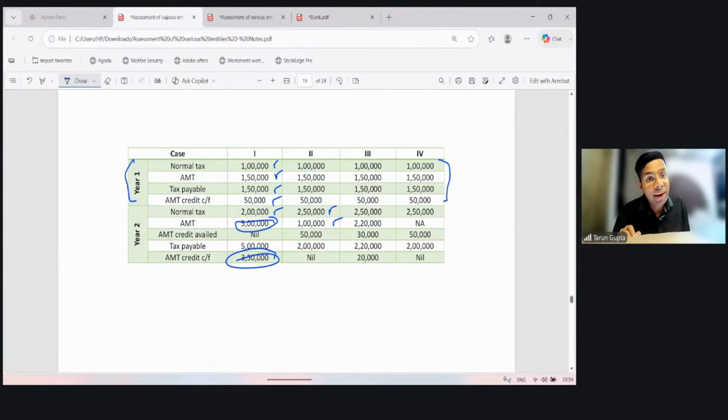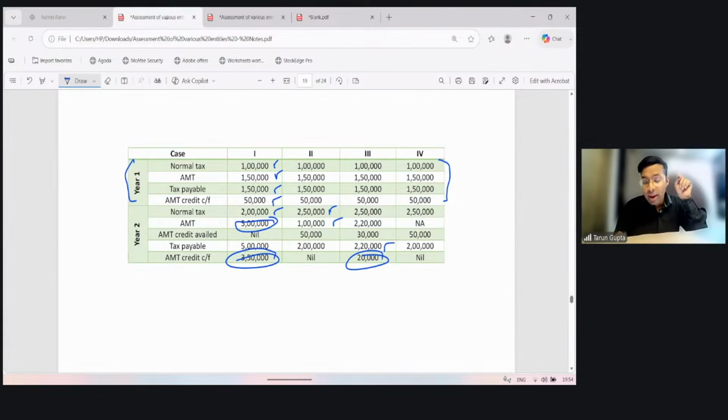Though you are paying the normal tax, you can utilize the AMT credit only to the extent of the difference between the normal tax and the AMT, which is 30,000. The nutshell is you have to pay at least the AMT in each year. So you pay 2,20,000 and the remaining 20,000 of AMT credit shall be carried forward.